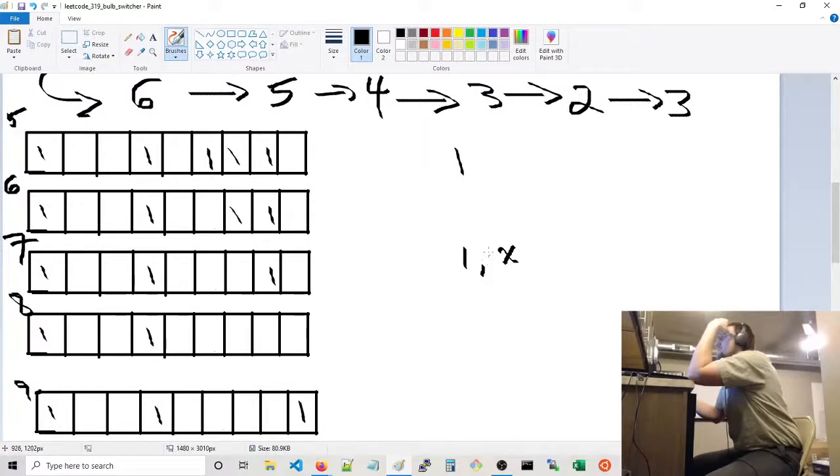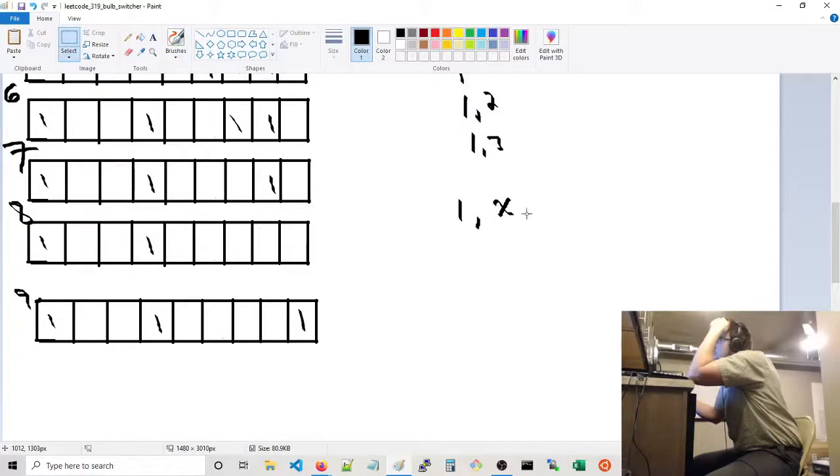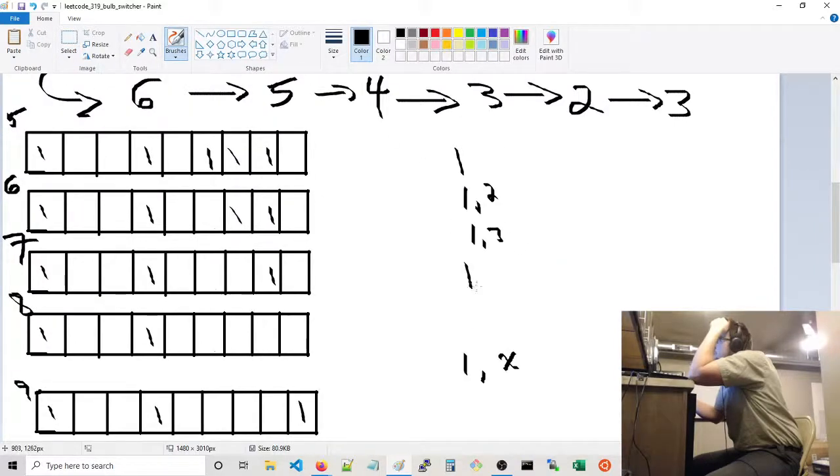Anything else is going to have 1 and X. So 1 and 2 is never going to be, that'll always be 0. 3 will always be 0. 4, 1, 2, 4. That's a 1, right? There's a divisor for 2.